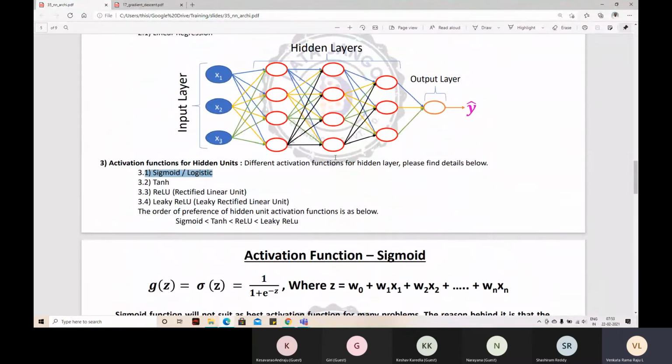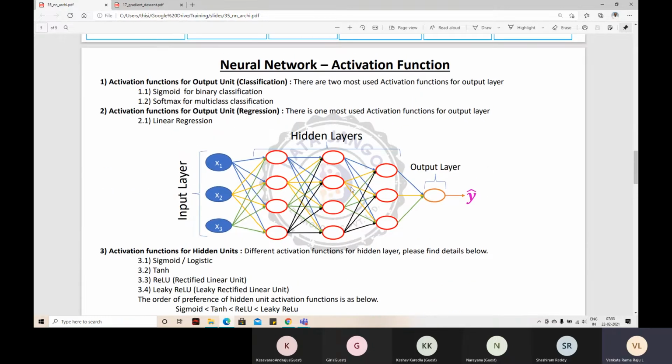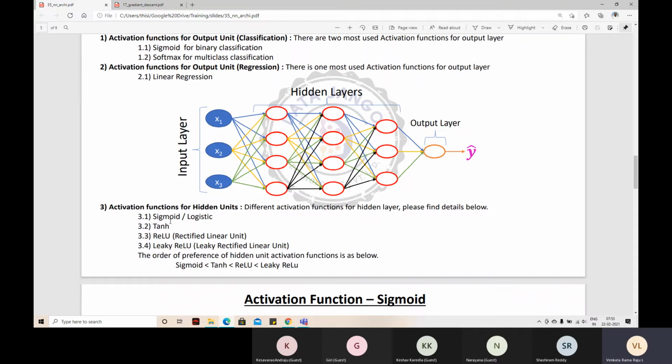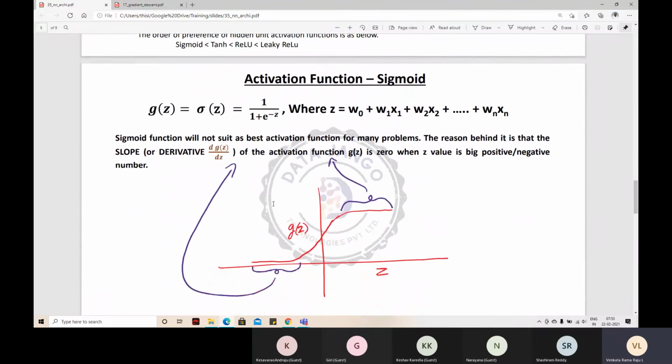Till 2006 or 2010, the researchers were thinking that sigmoid is the best node, and they were not getting good results on deep neural networks. Ultimately they found that leaky relu or relu is the best node. The reason is the sigmoid function is going to be like this.